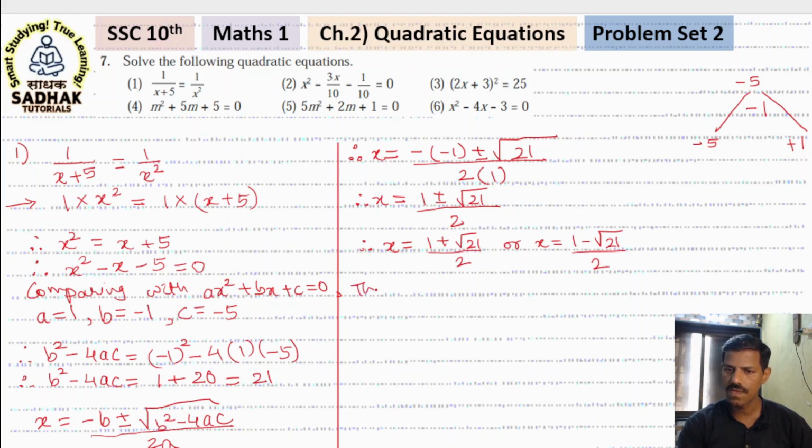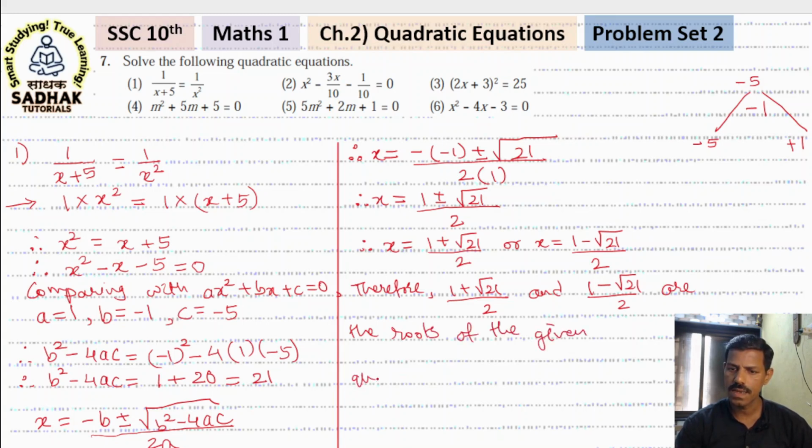Therefore, 1 plus under root 21 divided by 2 and 1 minus under root 21 divided by 2 are the roots of the given quadratic equation.